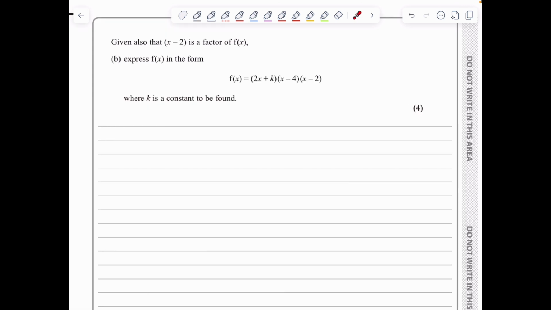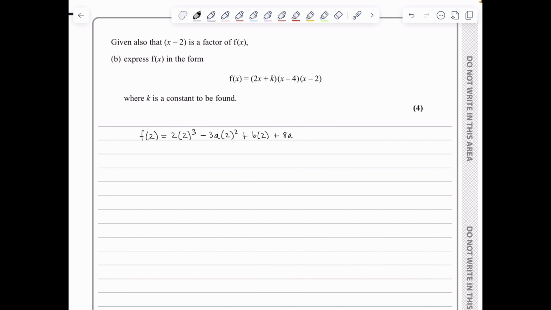Now, given also that x minus 2 is a factor of f of x, we need to express f of x in this form here, where k is a constant to be found. Well, let's use the fact that x minus 2 is a factor again with the factor theorem to find the values of a and b. So f of 2 must be 0, and f of 2 is equal to 2 times 2 to the power of 3 minus 3a times 2 to the power of 2 plus b times 2 plus 8a.